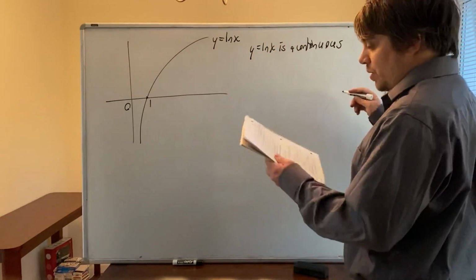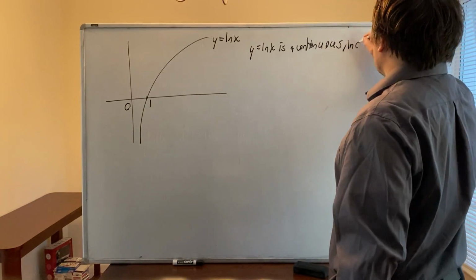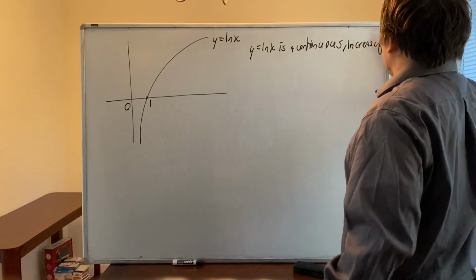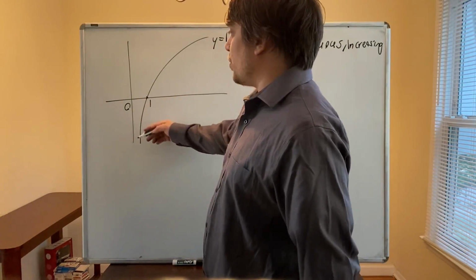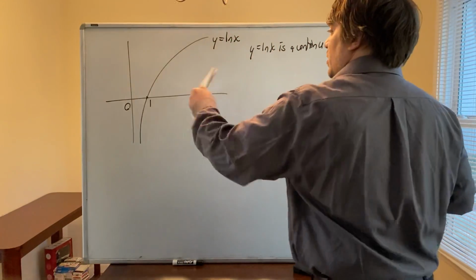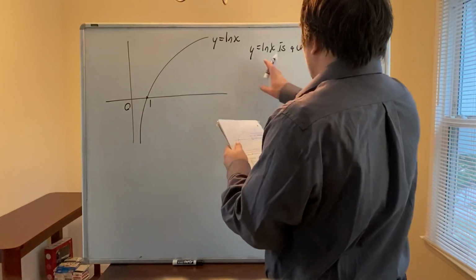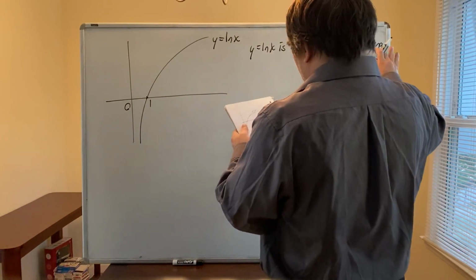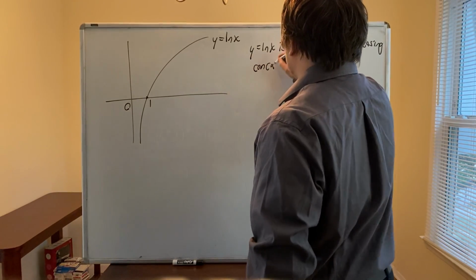It's an increasing function because as you move from left to right, the values increase. So as you move to the right, the values increase. So it's an increasing function. So y equals ln x is a continuous, increasing, concave down function.